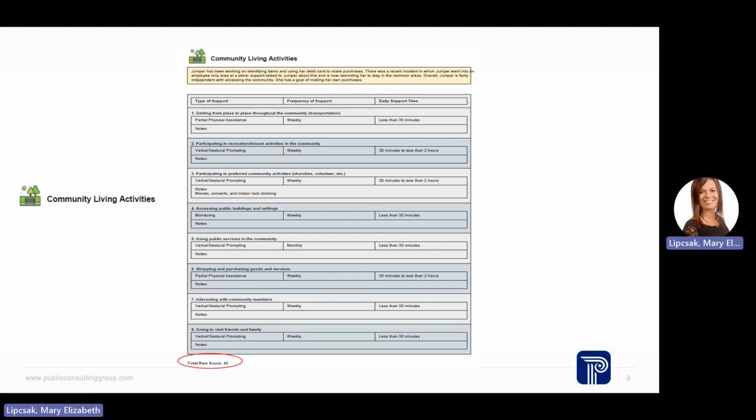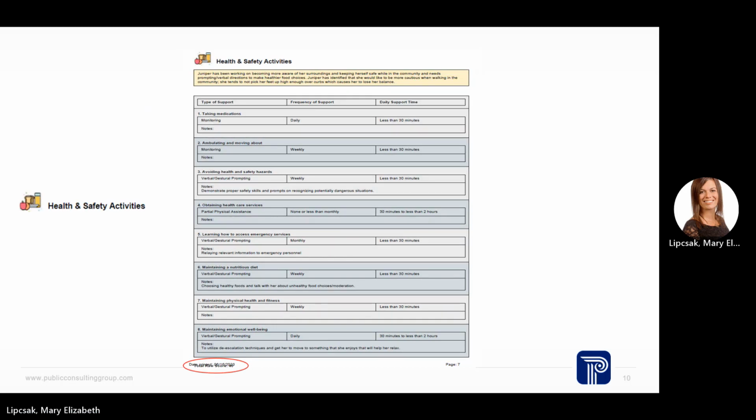In Juniper's case, for community life activities, for the type of support, frequency of support, and daily support time, Juniper's total raw score was 43 points. For health and safety activities, Juniper's raw score was 40 points.